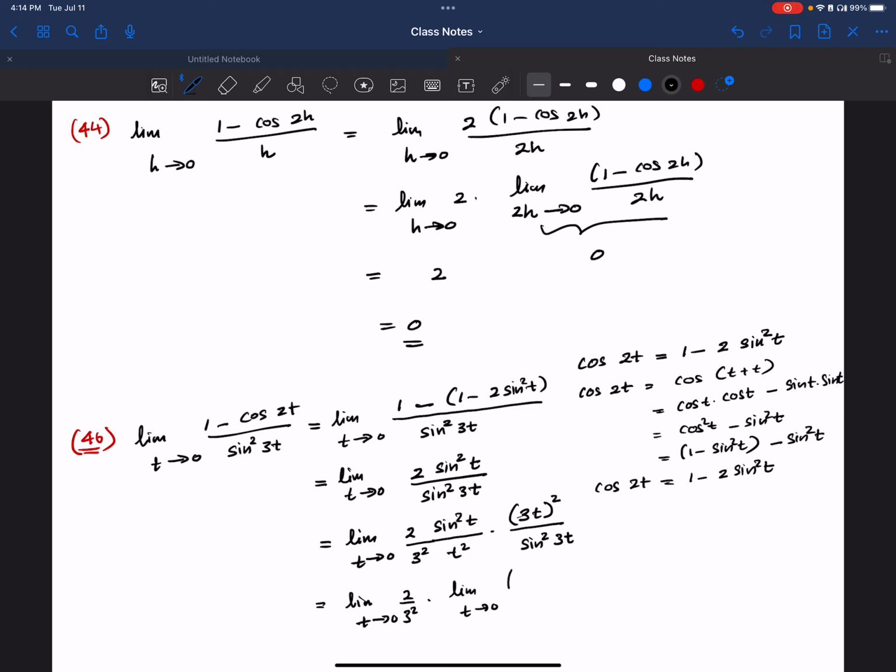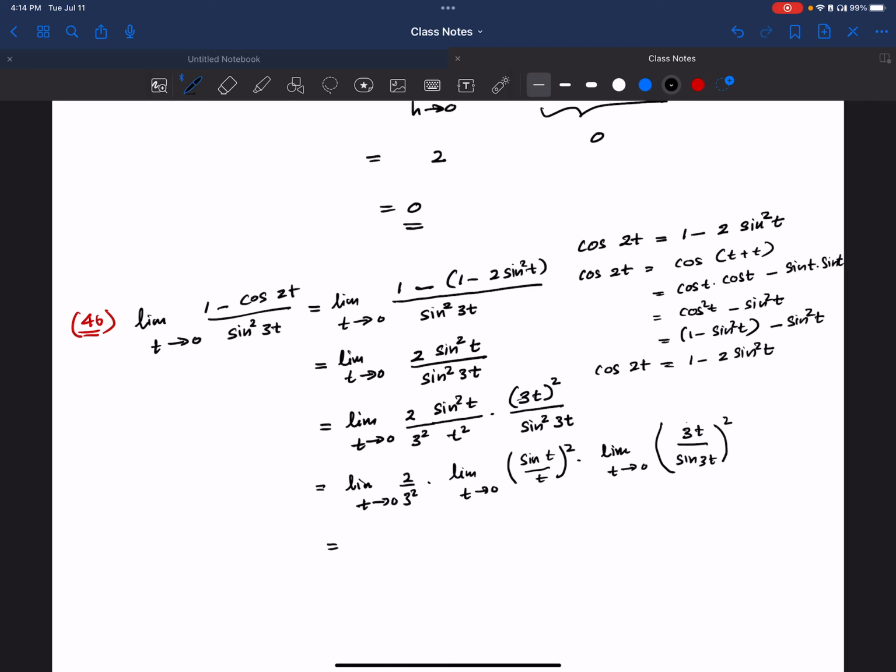Of sine t over t squared, where sine squared t is sine t times sine t, times the limit as t goes to 0 of 3t over sine 3t, squared.